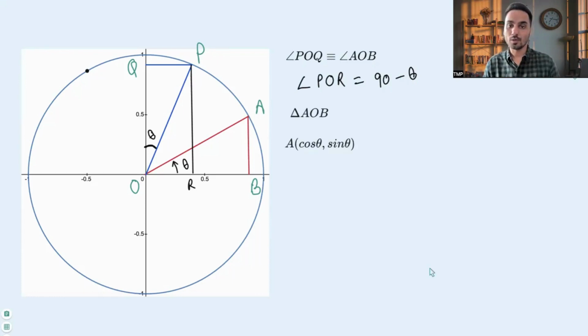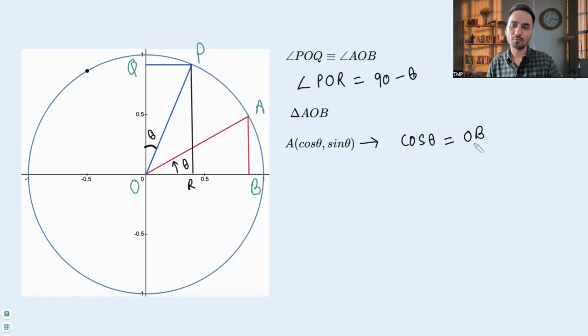Now in triangle AOB, we know that point A can be given as cos theta, comma, sine theta. Do you know the reason why? Yes, you're right. Because cos theta is the same as adjacent side, which is OB, divided by the hypotenuse, which is 1 in this case.